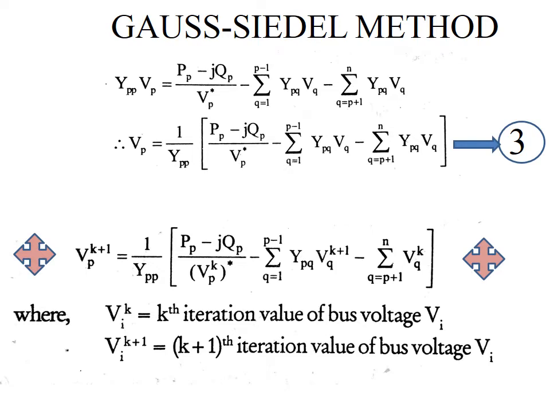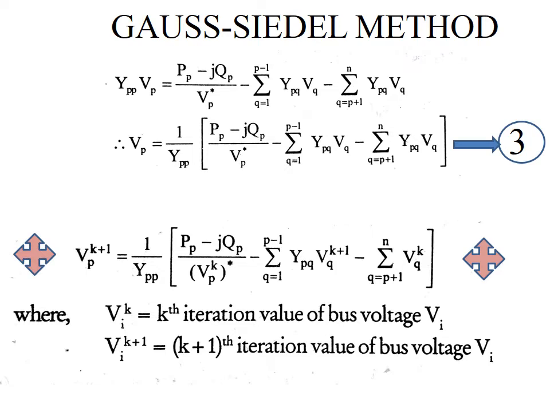Vp(k+1) equal to 1 by Ypp into (Pp minus jQp divided by Vp(k) conjugate minus sigma q equal to 1 to p minus 1 Ypq Vq(k+1) minus sigma q equal to p plus 1 up to n Ypq Vq(k)), where k is the iteration value, n is the total number of buses, and p is the bus number which is under study.